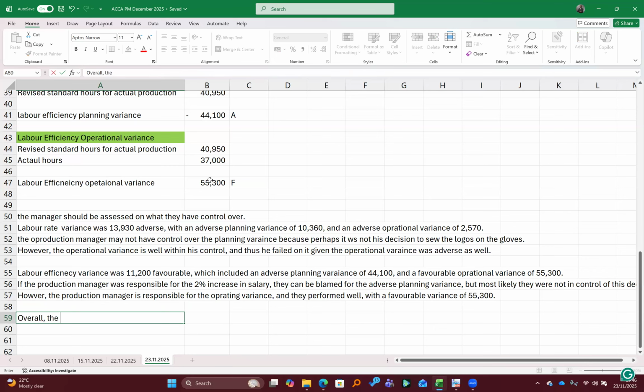Overall, the production manager did well with the total operating level variance.